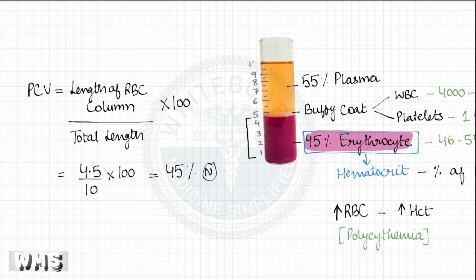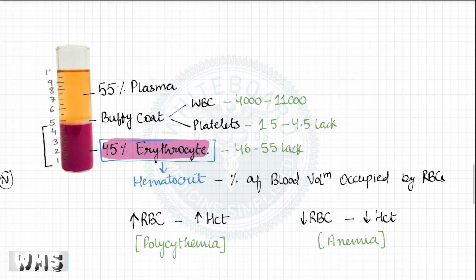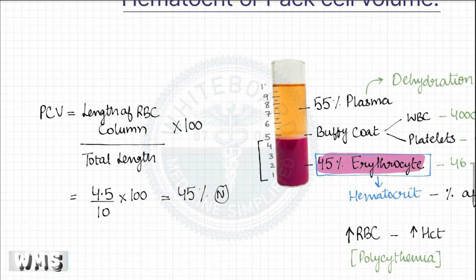Suppose RBCs stay the same, but plasma volume decreases, for example in dehydration, in alcohol use, as alcohol also produces dehydration, and also with the use of diuretics. Now the total length of the column is decreased to 9, but the RBC column remains the same.